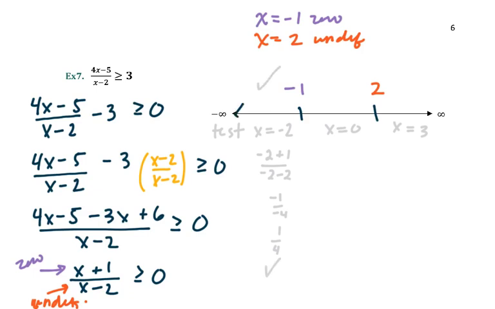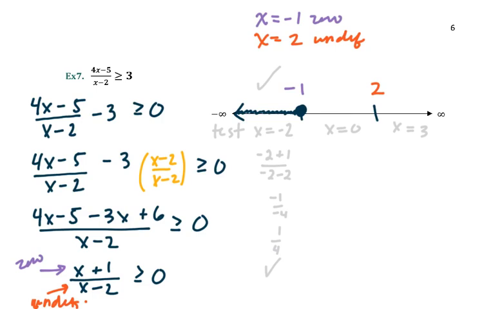So this region to the left of -1 is going to be included. Am I allowed to touch -1? It is a 0, so that means it's a point on the graph. And because our function has a greater than or equal to symbol, that lets me know I can draw a solid dot at x equals -1.